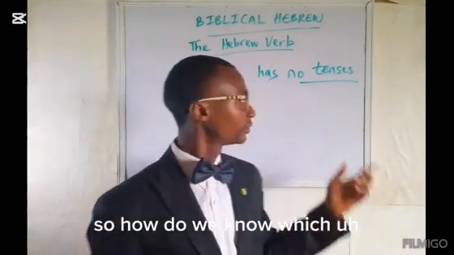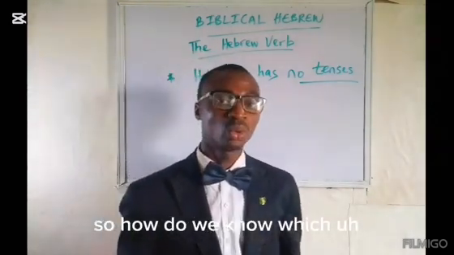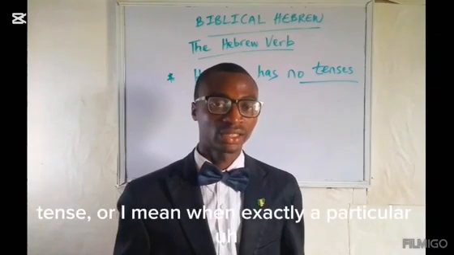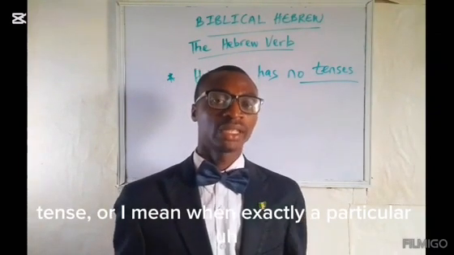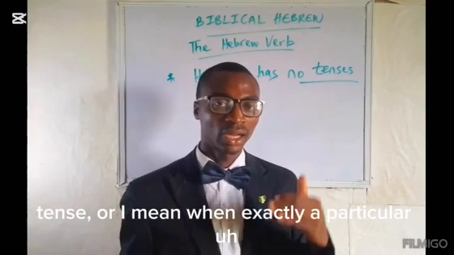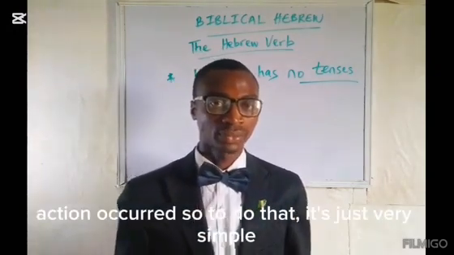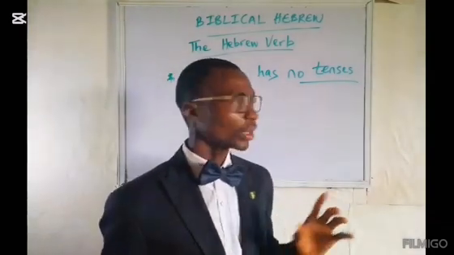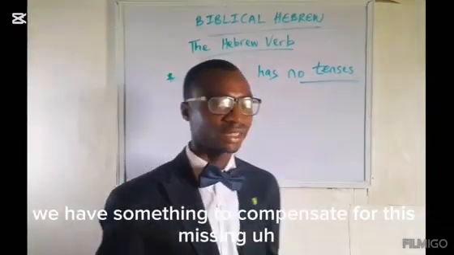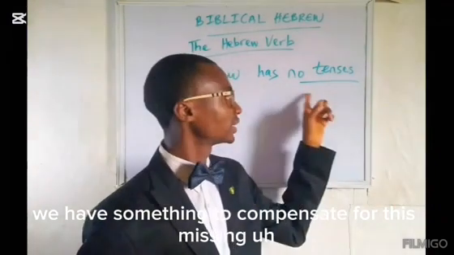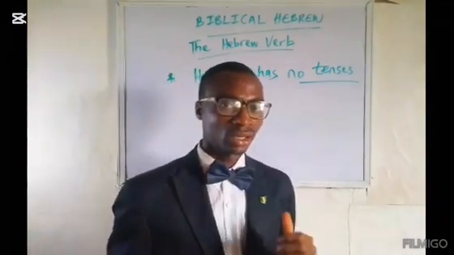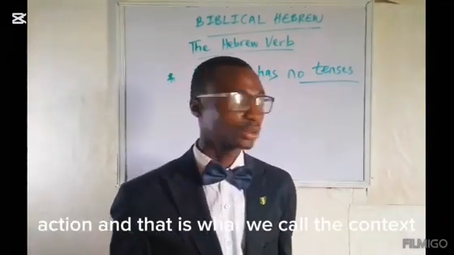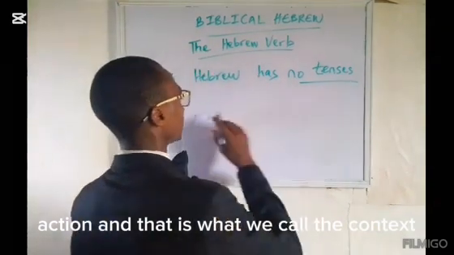So how do we know which tense or when exactly a particular action occurred? Just very simple. We have something to compensate for this, and that is what we call the context.